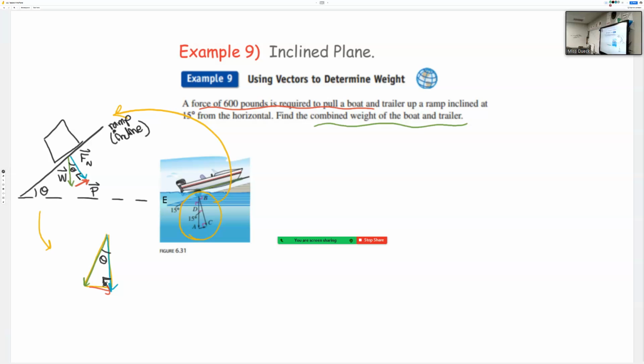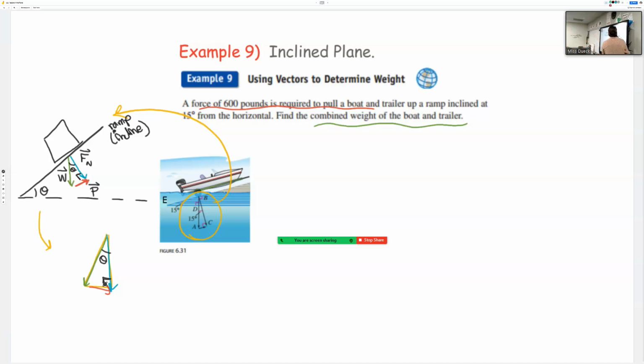Now this is, to be honest, one of the trickiest problems in the sense that I really easily mix up which of these forces are which. I haven't done a lot of physics in a while, so let me double check that I've labeled everything right. I think I have it. The combined weight is BA, because weight is dependent on gravity, and gravity says I take them straight down.